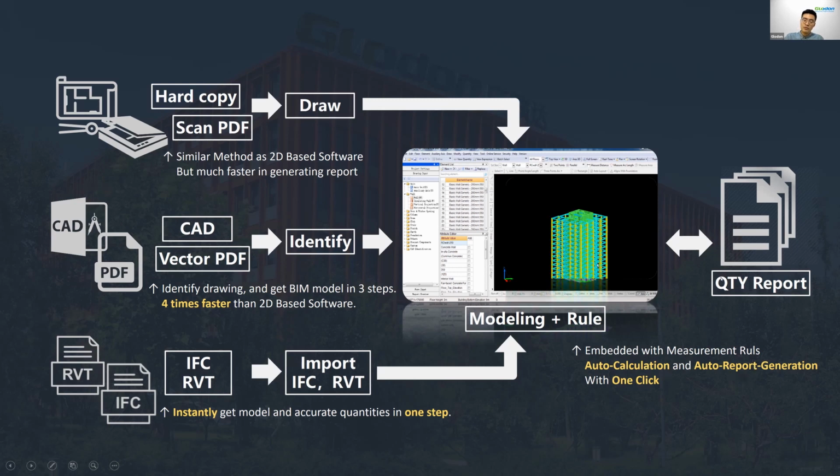So eventually, you will finish your work within a few steps with very few mistakes, and quite efficiently. Okay, so this is how BIM technology, especially for QSs, can work and what it can do for you.